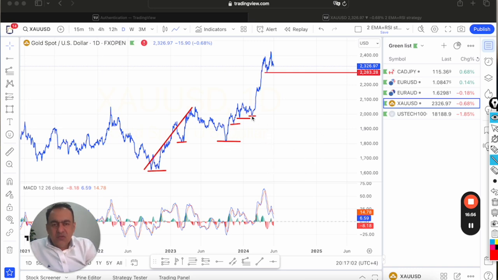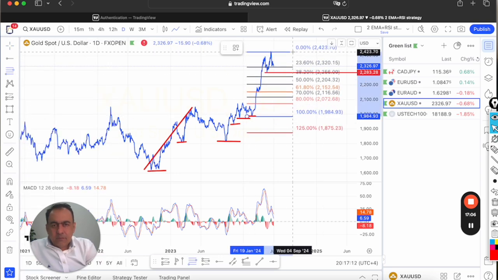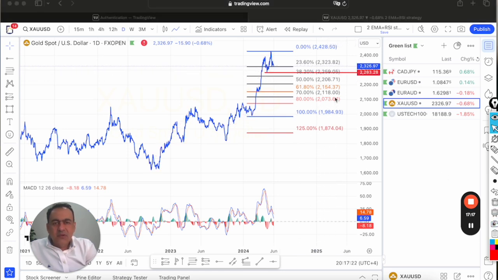I can use Fib retracement from the latest turning point to the highest point, and it will plot the retracement levels on our chart. So here we are. Currently we are at the 23.6% retracement, that is 2323. The next level is at 38%, that is 2259, followed by 50% at 2206.